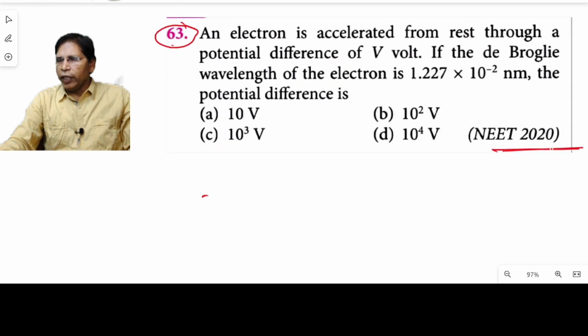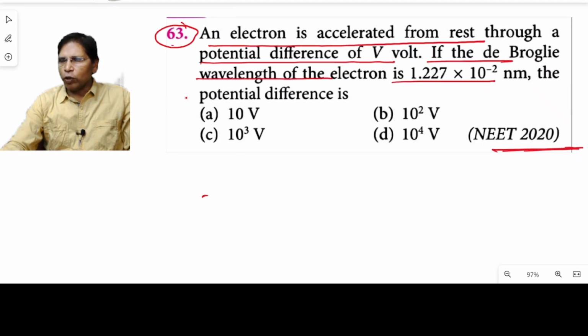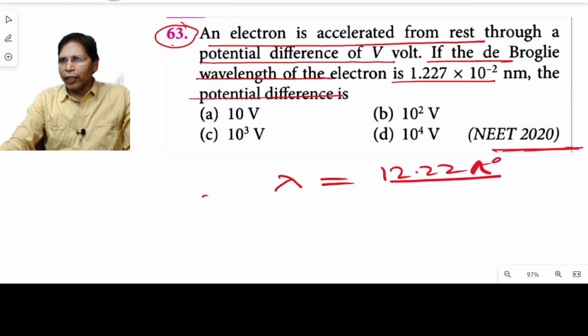Now NEET 2020. An electron is accelerated from rest with a potential difference V volt. If the de Broglie wavelength of the electron is 1 nanometer, find the potential difference. A very easy sum. The wavelength of electron is 12.22 angstrom divided by root over V volt.